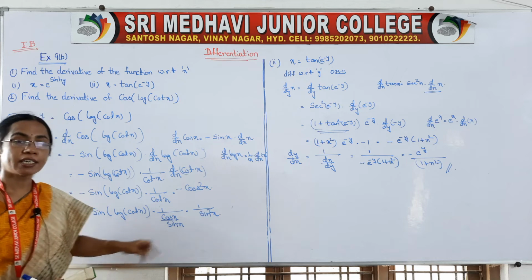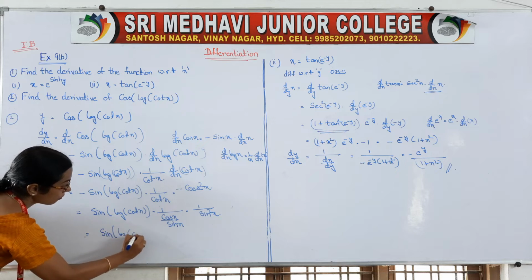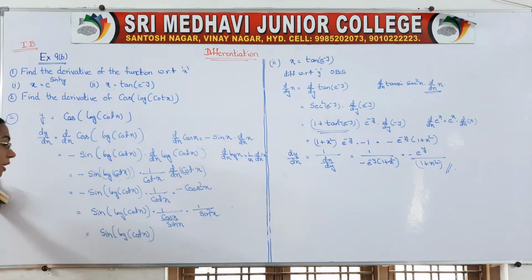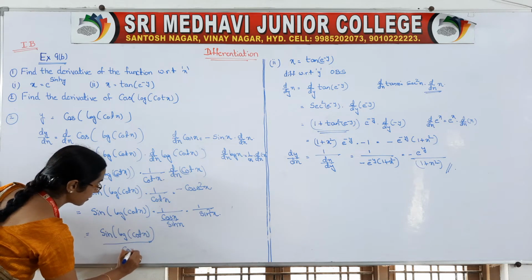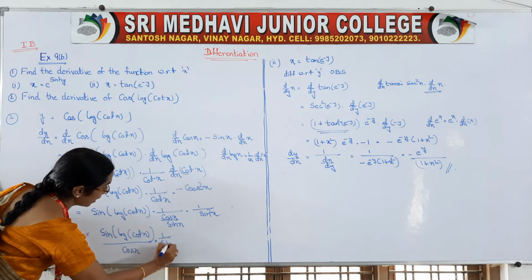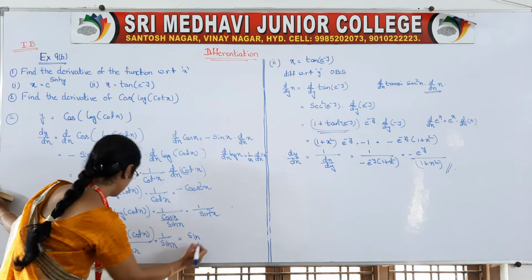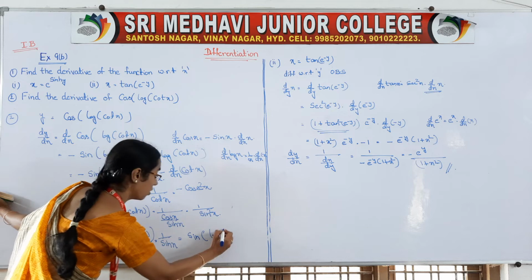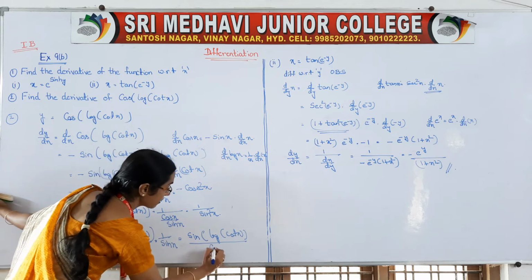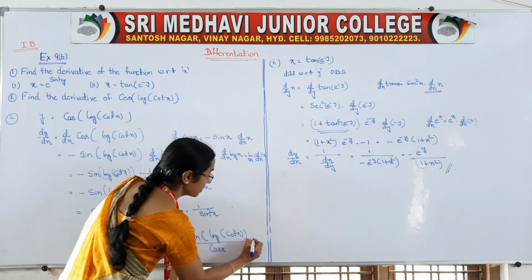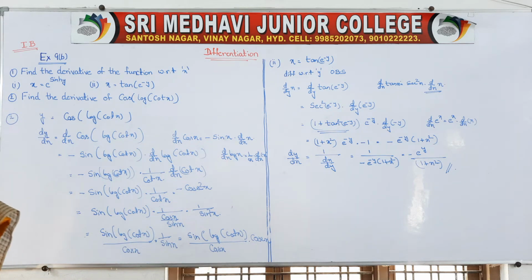One sin x will get cancelled, so it is sine of log of cot x by cos x, into 1 by sin x, which is cosec x. So we can write this as sine of log of cot x by cos x into cosecant x. So this is the answer.